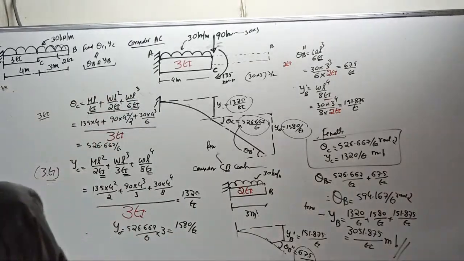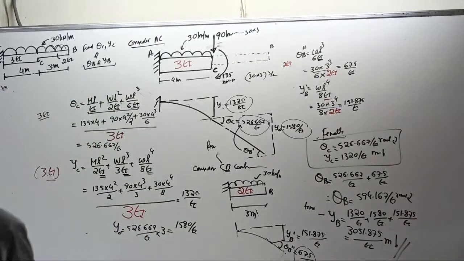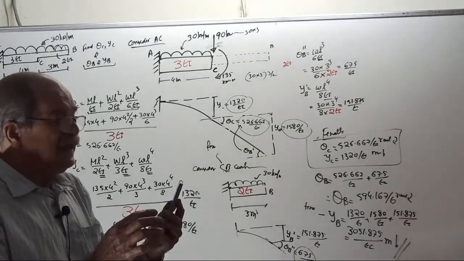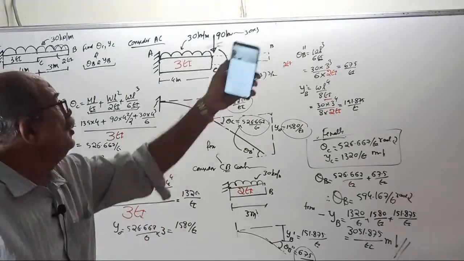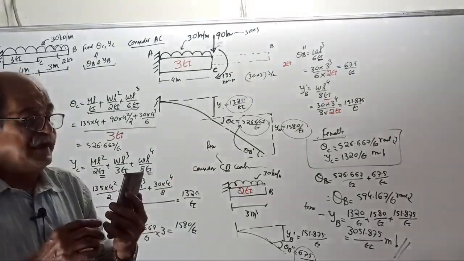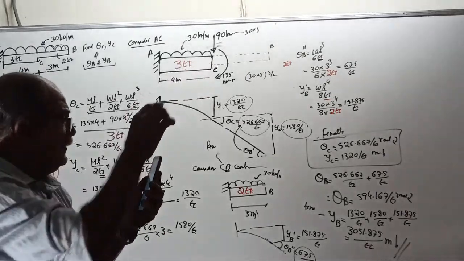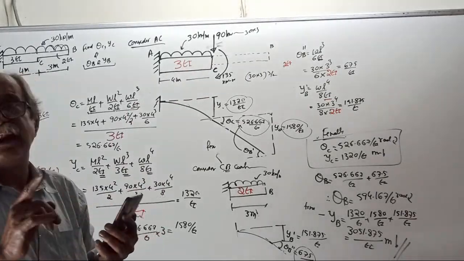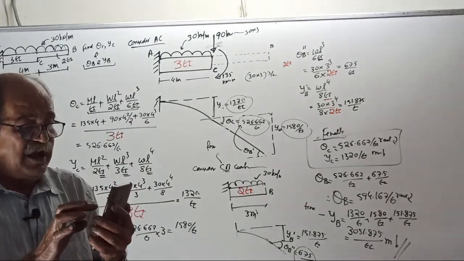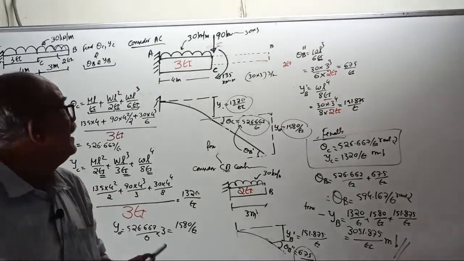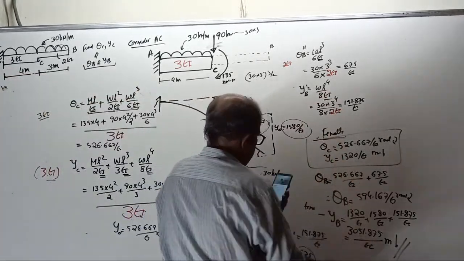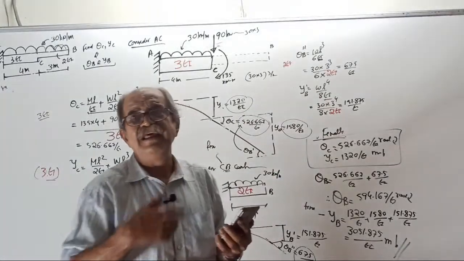Now, lastly, closing. Is the answer tallying, or shall I turn the camera and show you the answer written earlier, that is theta C, YC, theta B, YB? Or do you already know it is tallying?